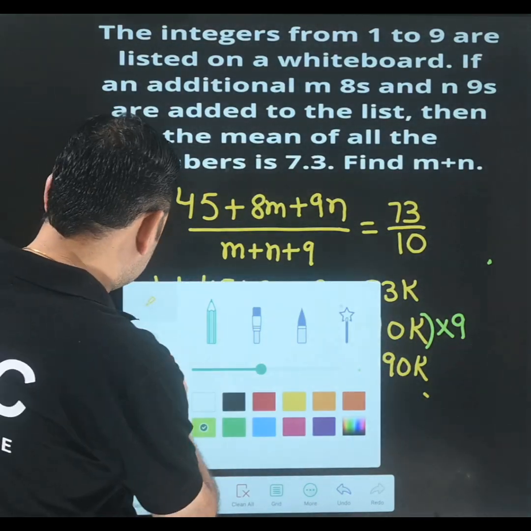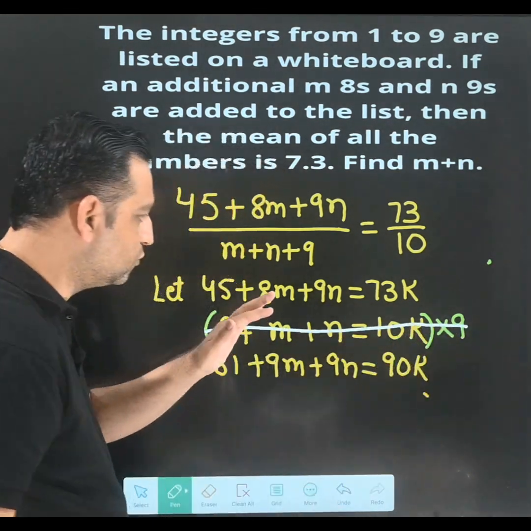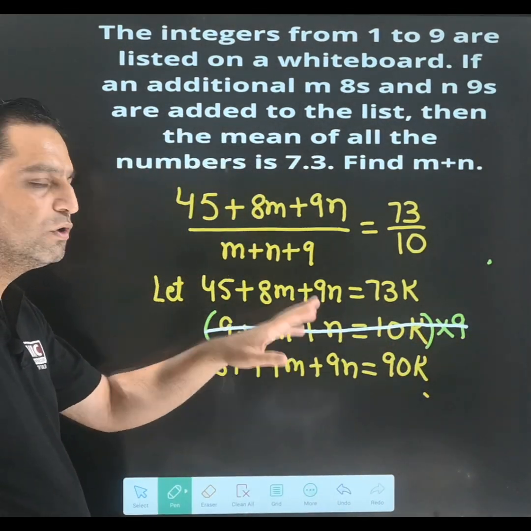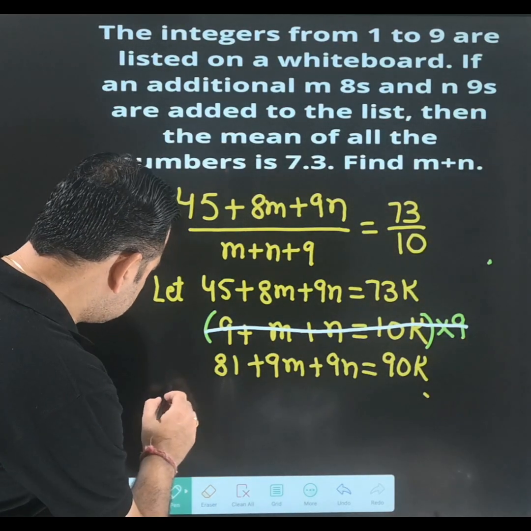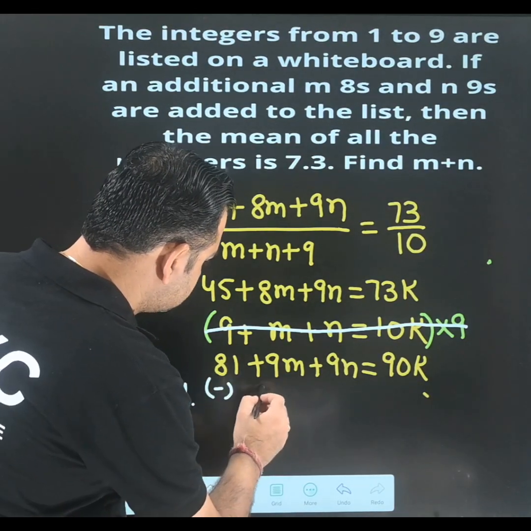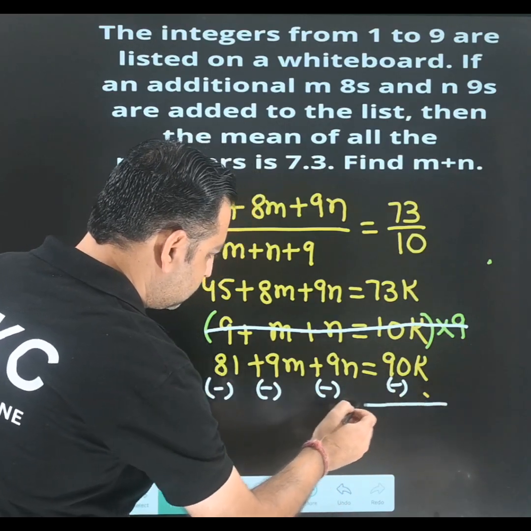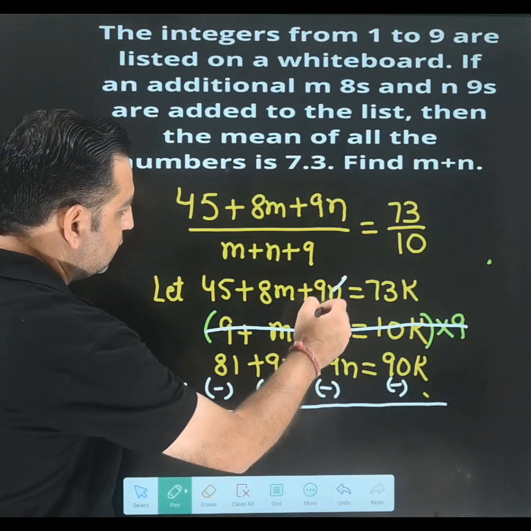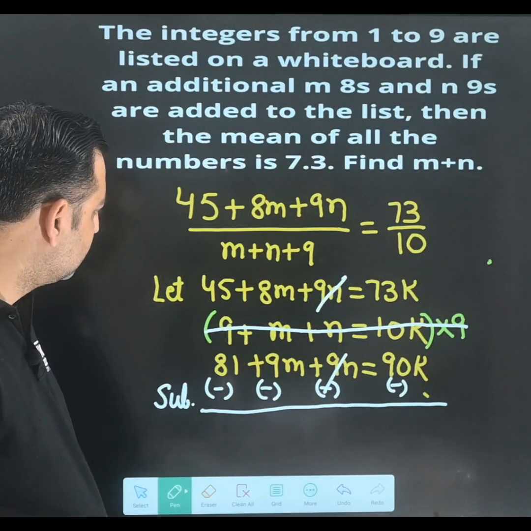And what I am going to do now, I'm going to cross out this equation so that you don't get any confusion. Now these are the two equations you have to solve. I'm going to do subtraction here. If you do subtraction, all the signs will change. Let us change all the signs and let us see what we are going to get. 9n and 9n will be cancelled, right?